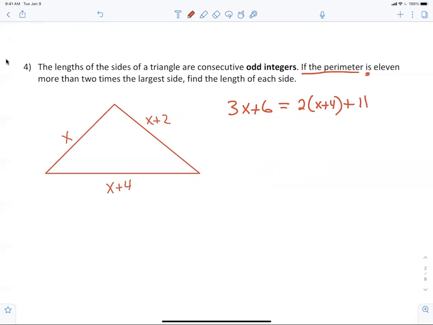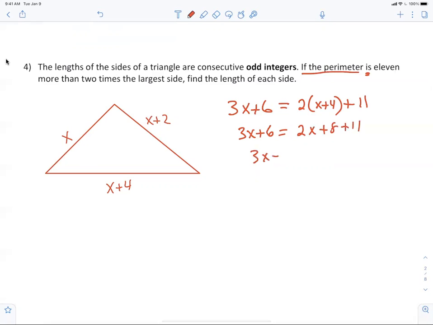Solve that real quick. What do we get? X equals what? Somebody tell me what the answer is. X equals, yeah. So that's 2x plus 8 plus 11, right?